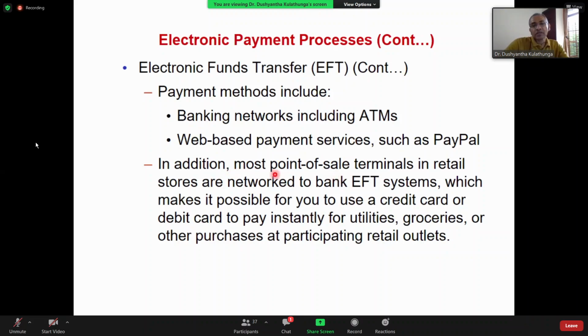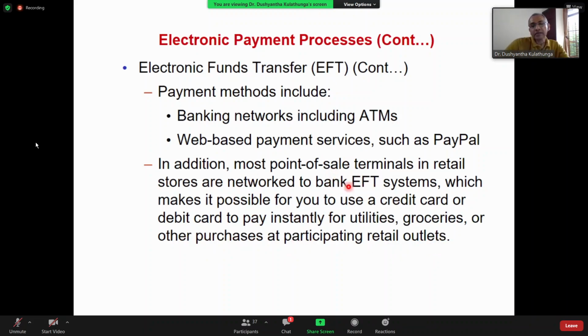In addition, most point of sale terminals in retail stores are networked to bank EFT systems, which make it possible for you to use a credit card or debit card to pay instantly for utilities, groceries, and other purchases at participating retail outlets.